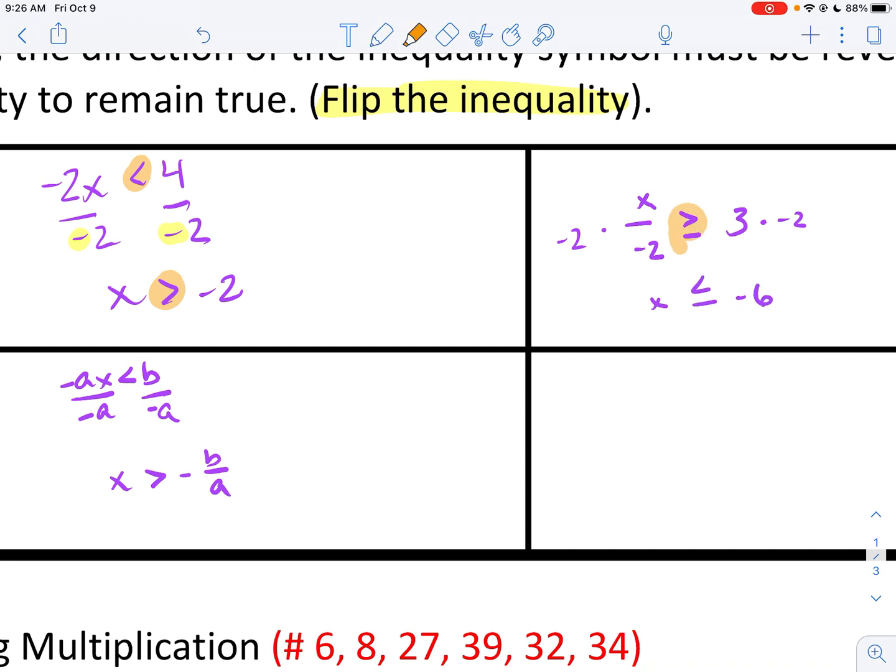So this inequality goes from greater than or equal to, to less than or equal to. If I have x over negative a is greater than b, I would have to multiply by negative a, x is less than or equal to negative ab.